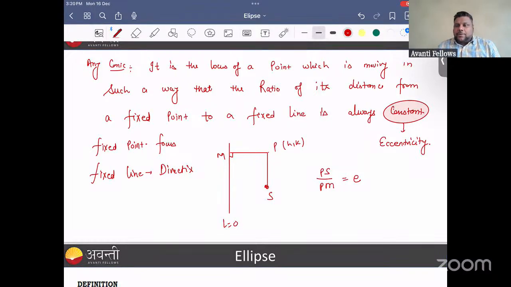Now if this E is 1, this locus will be a parabola. If this E is less than 1, this locus will be an ellipse. That is what we are doing right now. And if this E is more than 1, this locus will be a hyperbola. Am I clear?